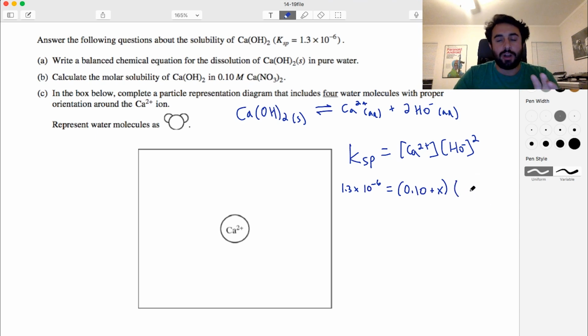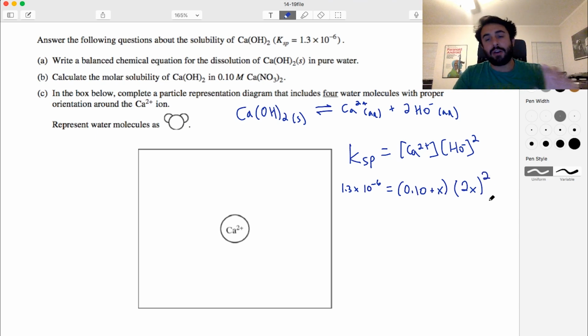And then if we get X calcium from the dissociation of calcium hydroxide, how much hydroxide are we going to get? Well, we're going to get 2X, right? Because for each formula unit of calcium hydroxide, we get 1 calcium and we get 2 hydroxides. So if we get X more calcium, we're going to get 2X hydroxide. And we got to square that, right?